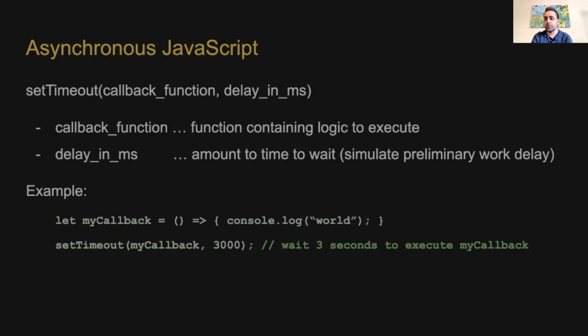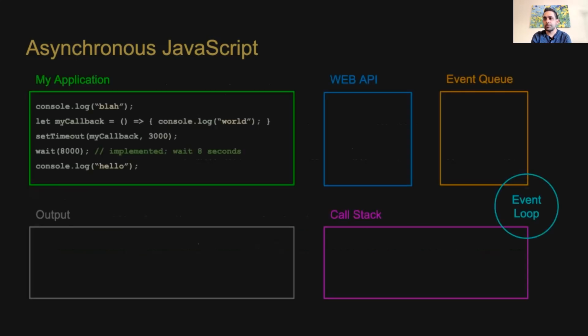I'm going to use set timeout, so I pass my callback, and the 3000 is a timing value in milliseconds. So effectively, I'm going to wait 3 seconds, and then I'm going to execute my callback function. So in 3 seconds, once I call set timeout, I'll print out world to my console. It's not going to happen immediately. It's going to be delayed for 3 seconds and then printed out. All right, so that's the example of set timeout, which I'm going to be using in my code.